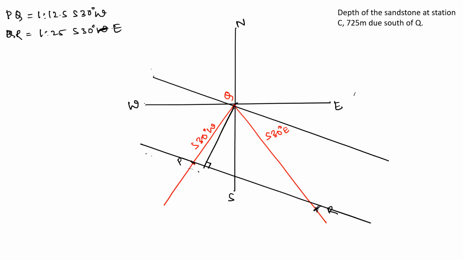So I'll name that as TD. If you measure the distance Q to TD, you will get the true dip amount, and according to me that comes around 1:12.5.